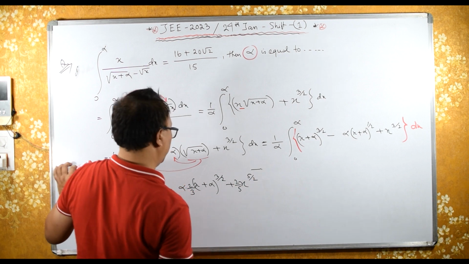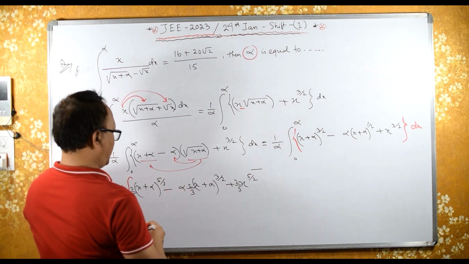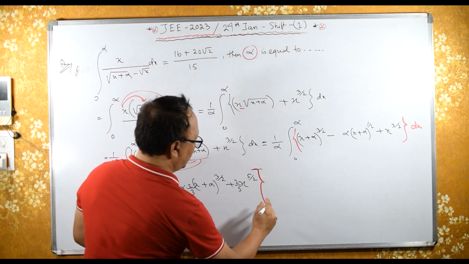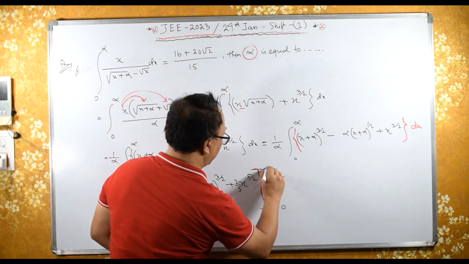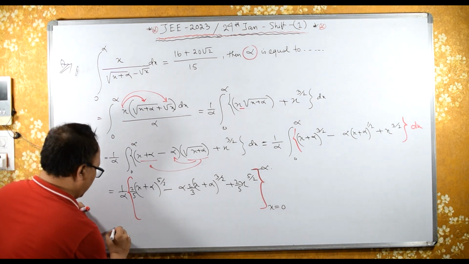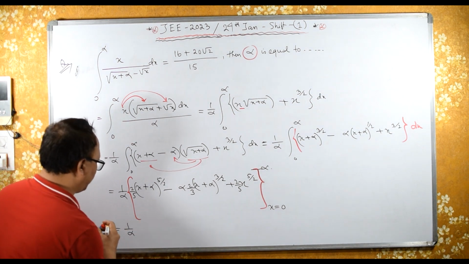The limit is when x goes from 0 to alpha. So it equals 1 by alpha.